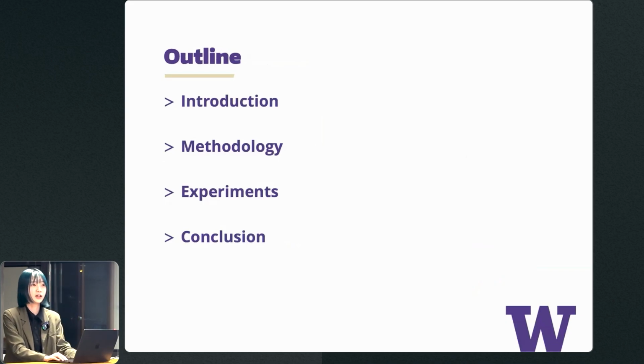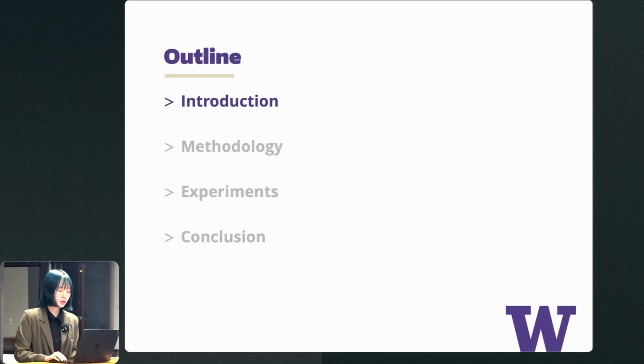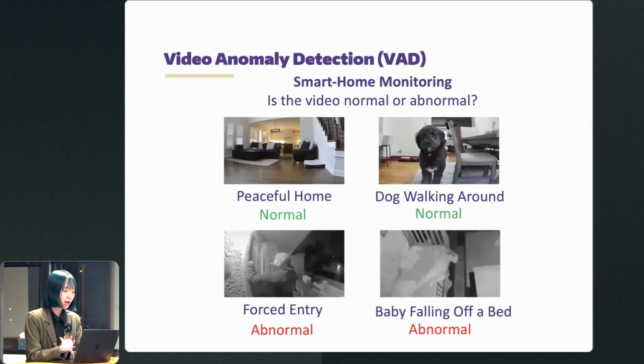And here is the outline for today. I will begin with the introduction. There are many real-world cases in video anomaly detection. Here I want to take smart home monitoring as an example. If you buy smart home cameras in the market, you can install the cameras at your home, then download the mobile app on your smartphone.